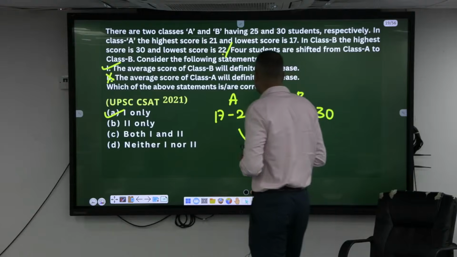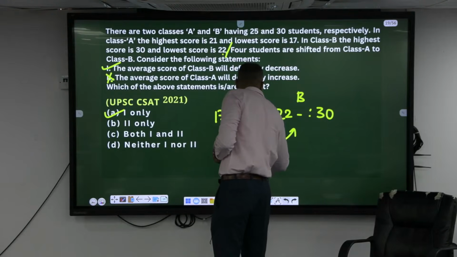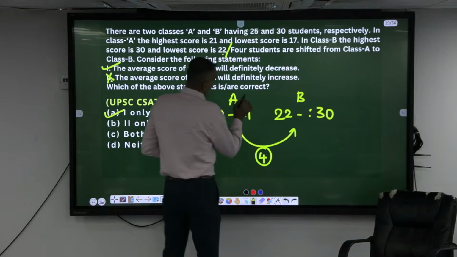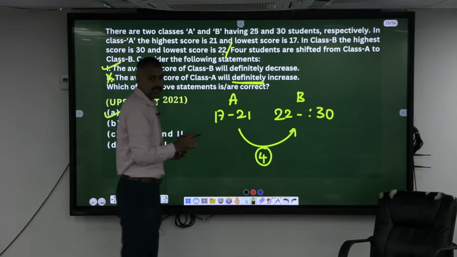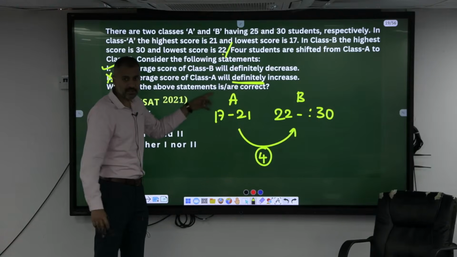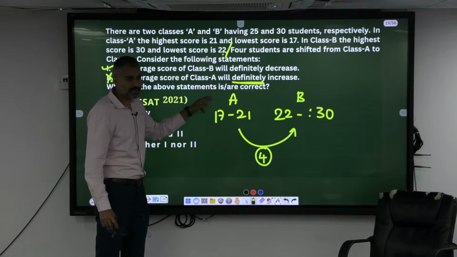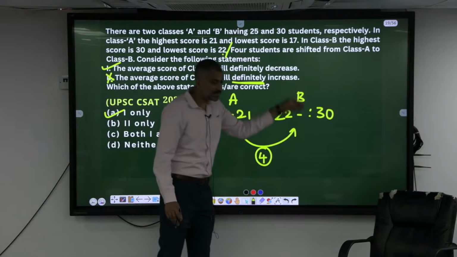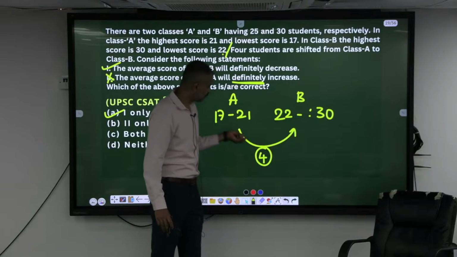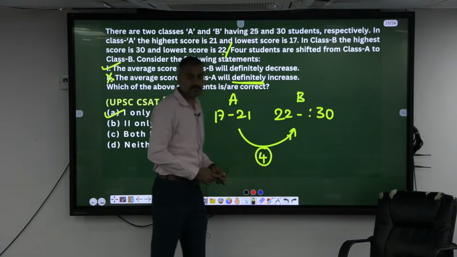Those 4 students are unknown here, hence we cannot conclude whether it is increasing or decreasing. It can be anything, but definitely B's average will go down because they are contributing lesser here.